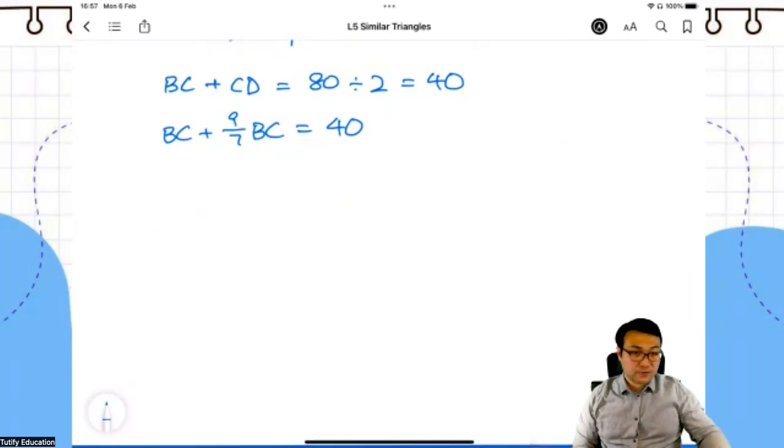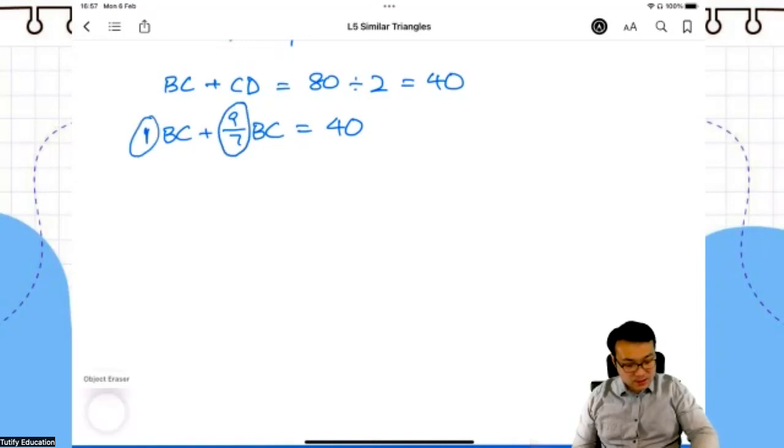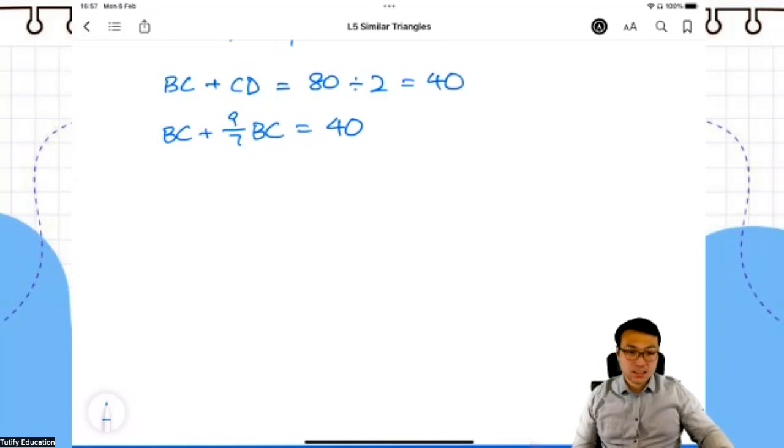Can you help me get the fraction? This plus this, how should I simplify? 1 BC plus 9 over 7 BC. So what is BC plus 9 over 7 BC in terms of fractions?